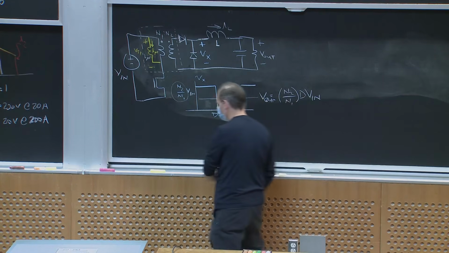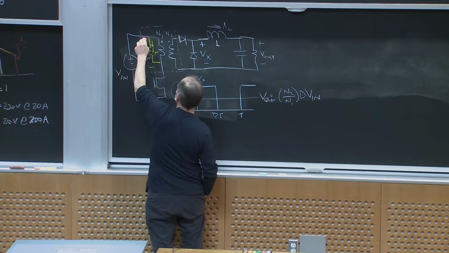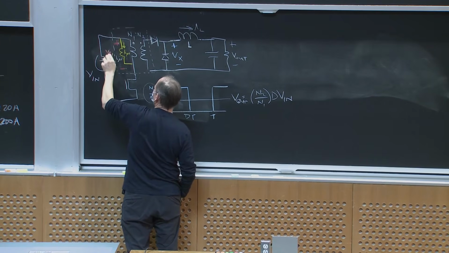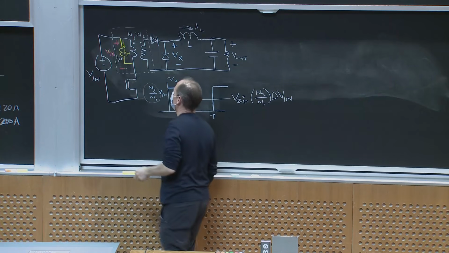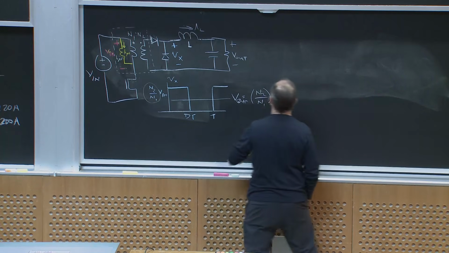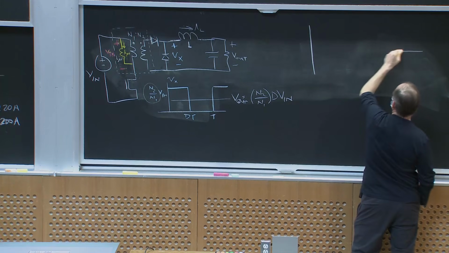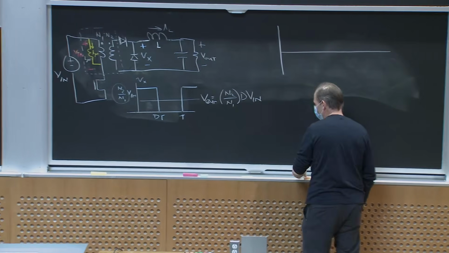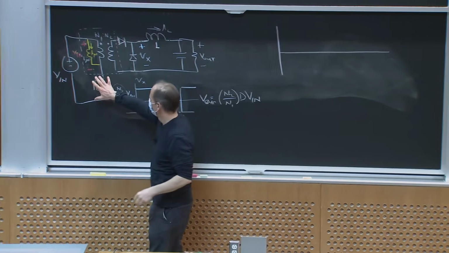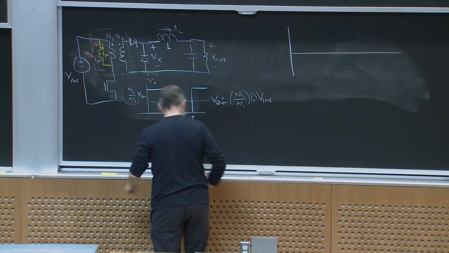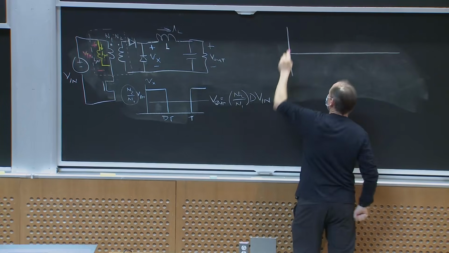Let me call this Vmu1. Okay, that's the voltage. And then let's think about what the magnetizing current looks like. In the first part of the cycle, I turn the switch on, and I'm applying Vn as Vmu1. So here's Vmu1.